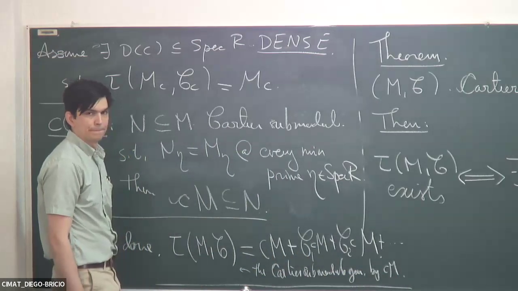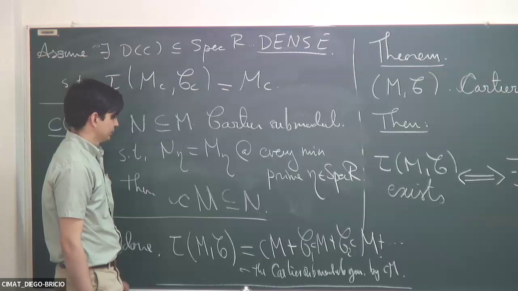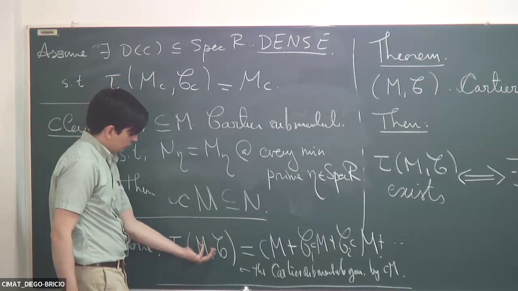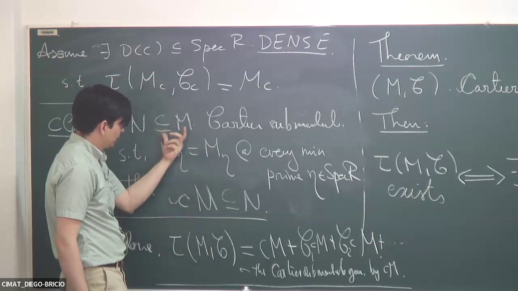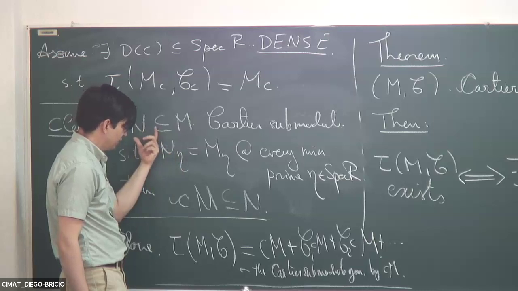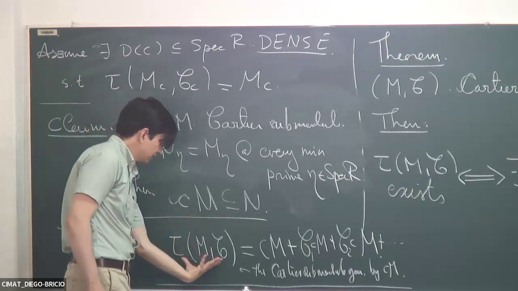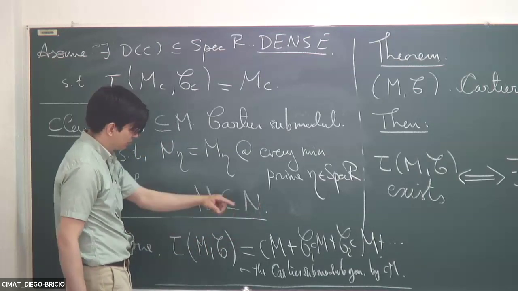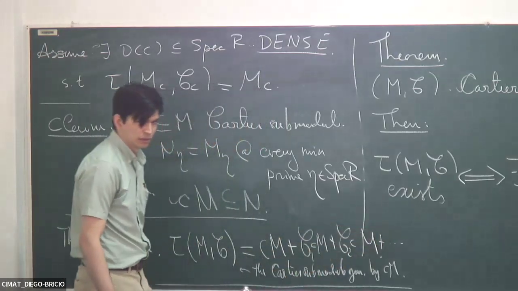Right, this is the smallest submodule that agrees generically with M. And here we see that if we have any other such thing, the test module is going to be contained in there, right? You have this, but then this is a Cartier module, so it has to contain C1m, C2m, and so on.